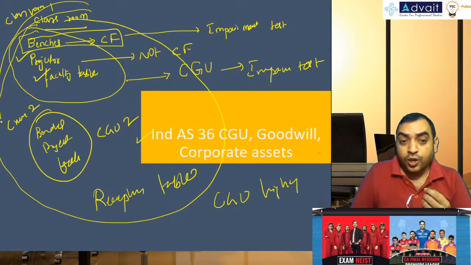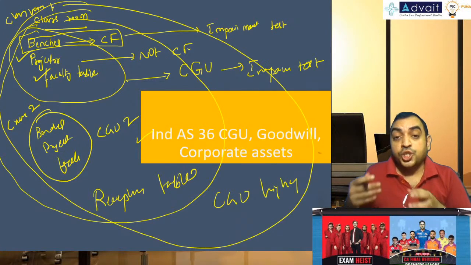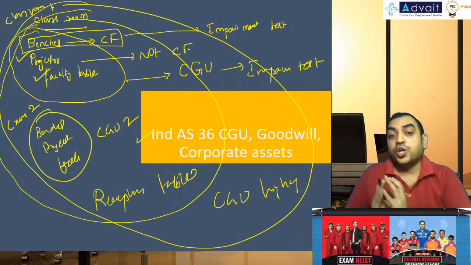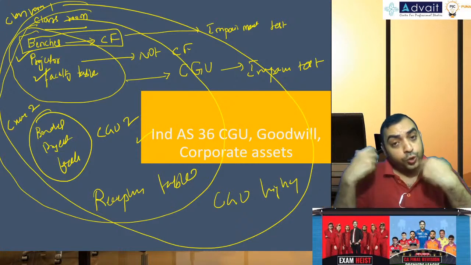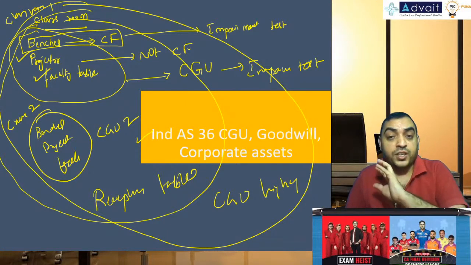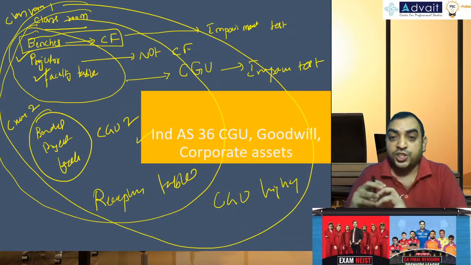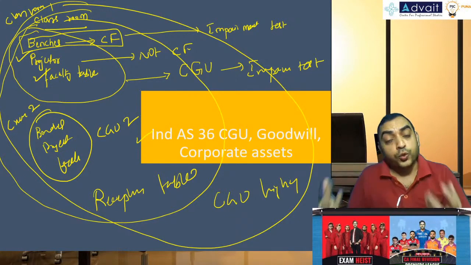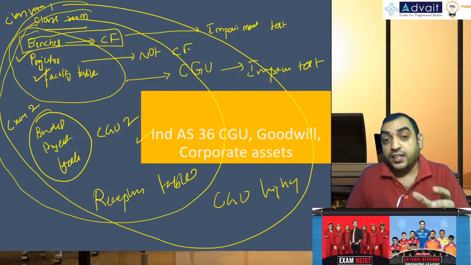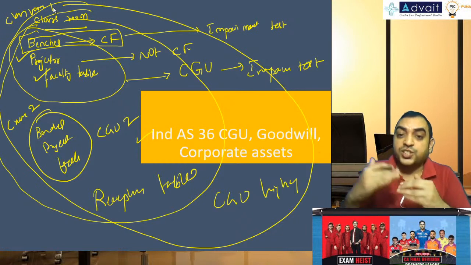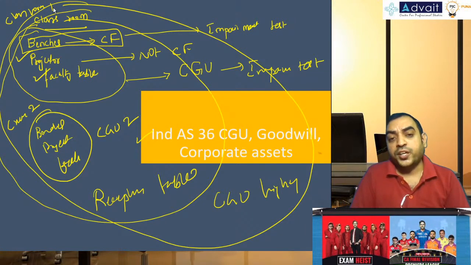We can go further to CGU at commerce level, CGU at science level, then CGU of education, consumer, service, then CGU of India, CGU outside India. So the hierarchy is what you need to keep in mind while going to the CGU.